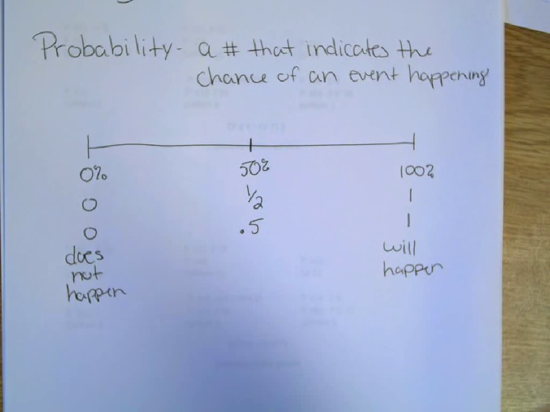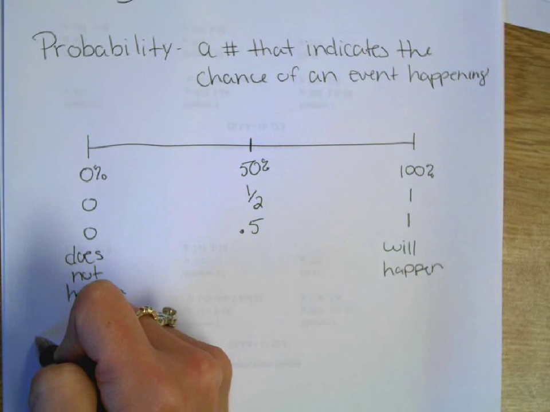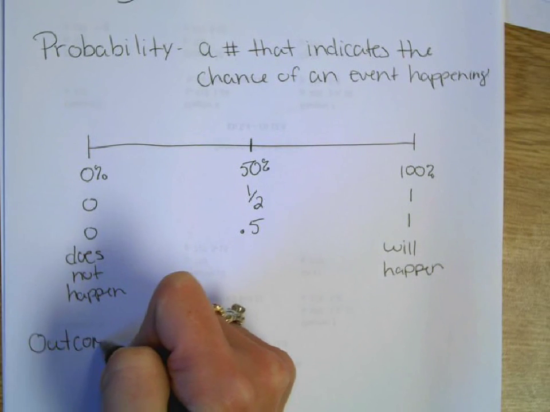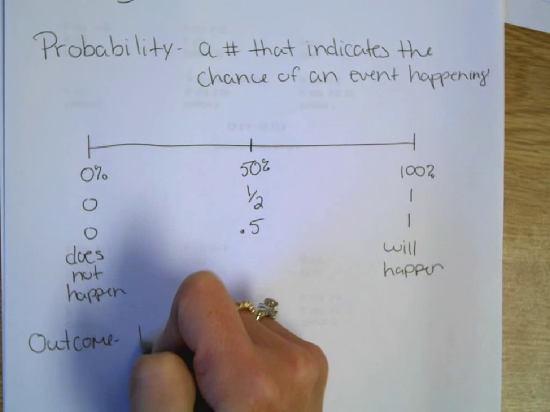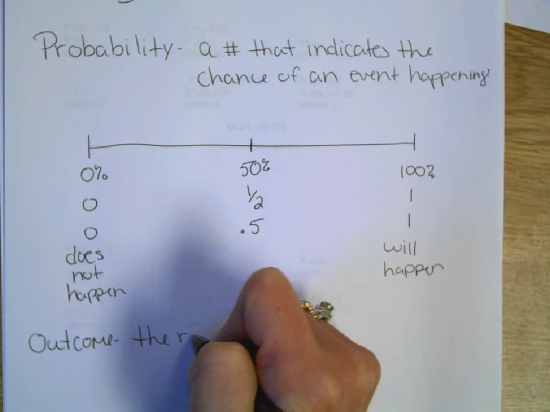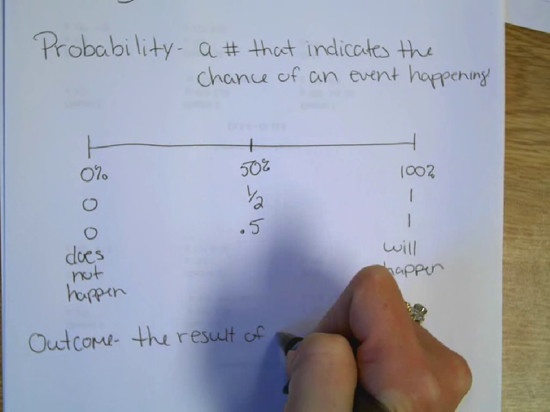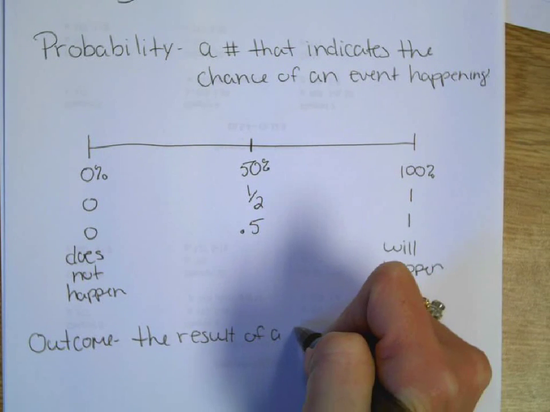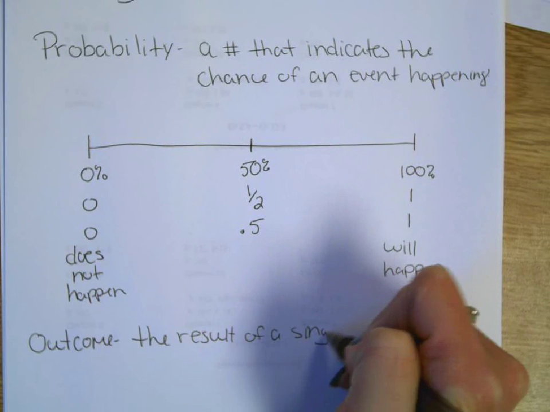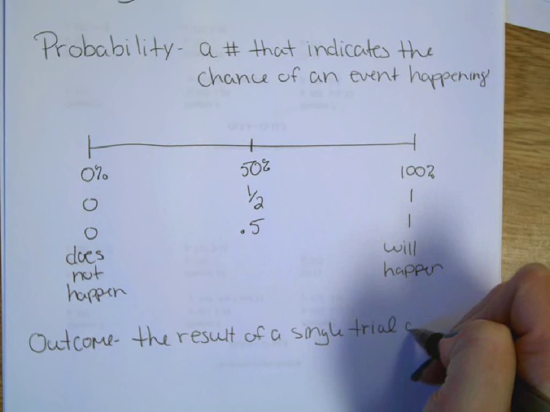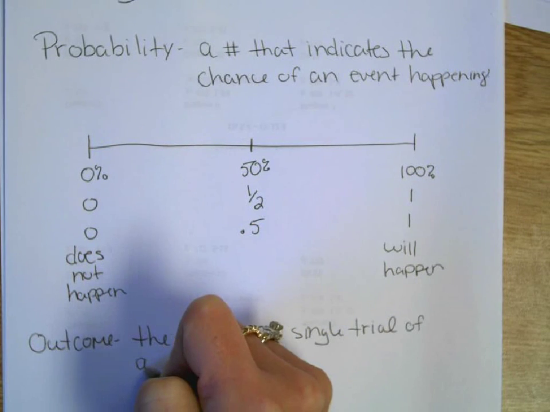Okay, lots of vocabulary to get out of the way. First one is outcome. Outcome is the result of a single trial of a probability experiment.